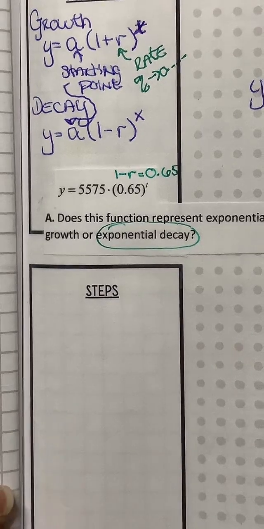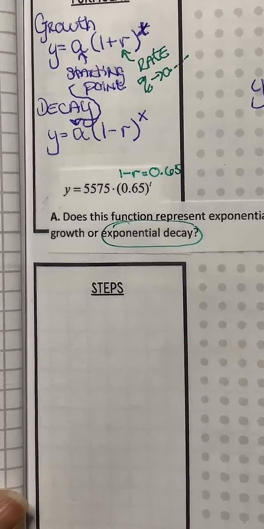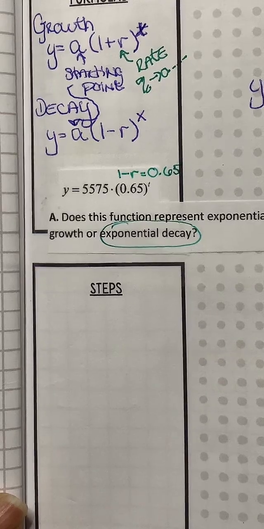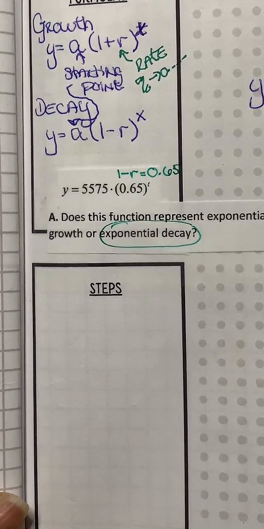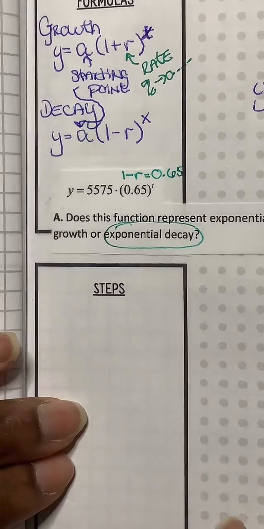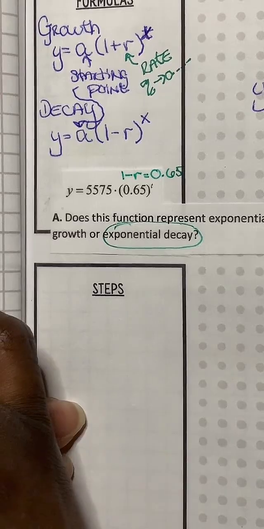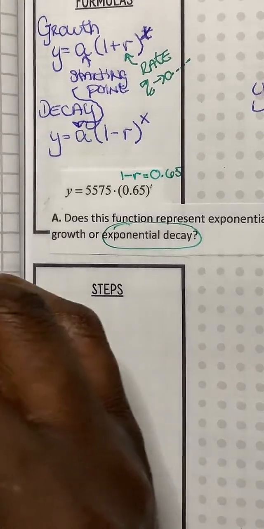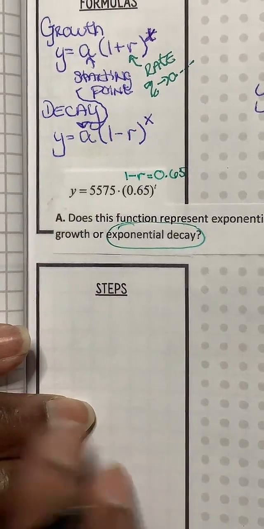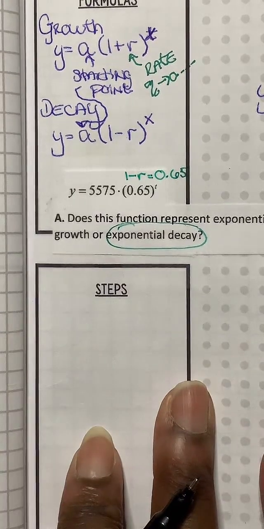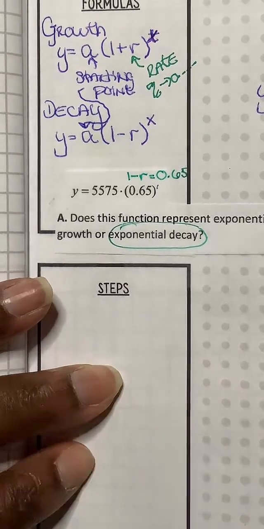Yes. So yes, I'm seeing 0.35, 1 minus 0.65. So not 45, but 65. So it is going to give me 0.35, which is what as a percent? What would that be as a percent? 35 hundredths. What would that be as a percent?